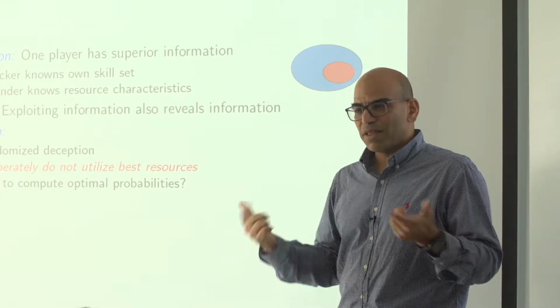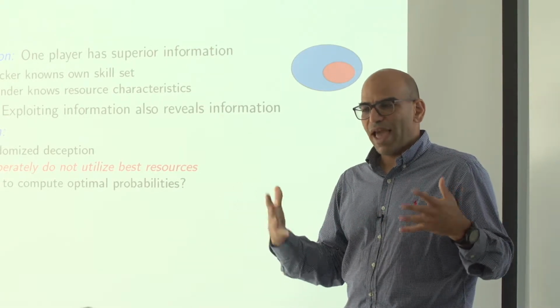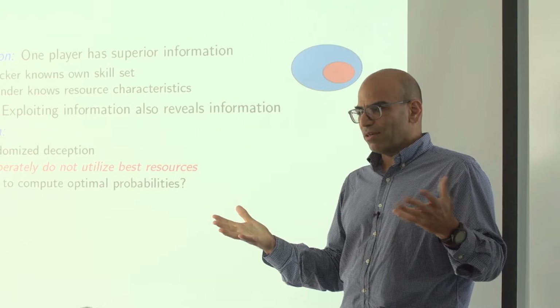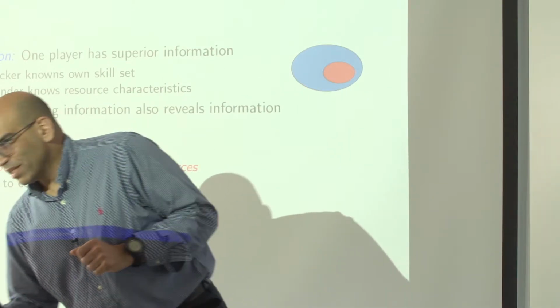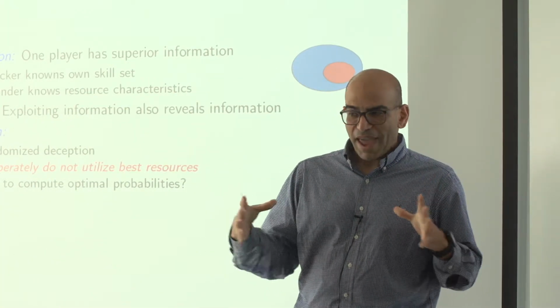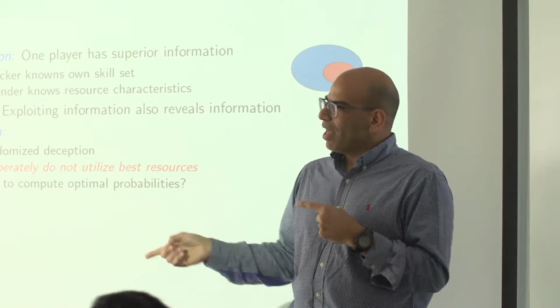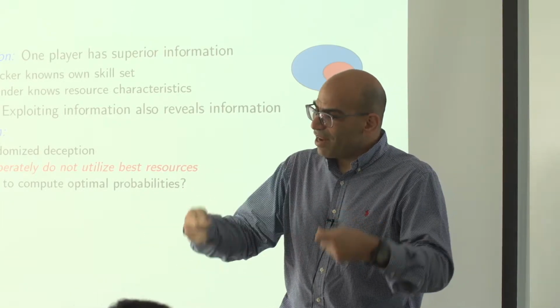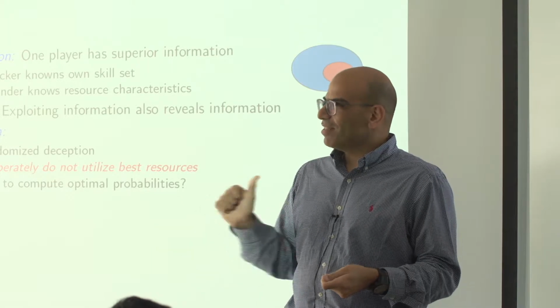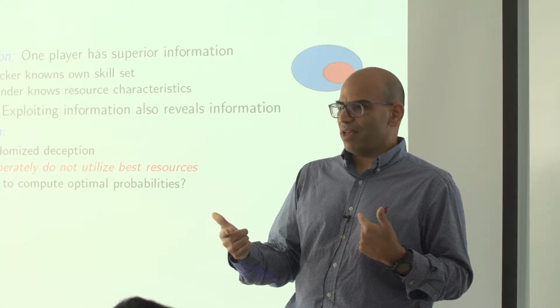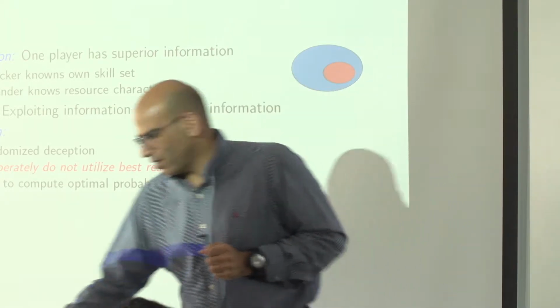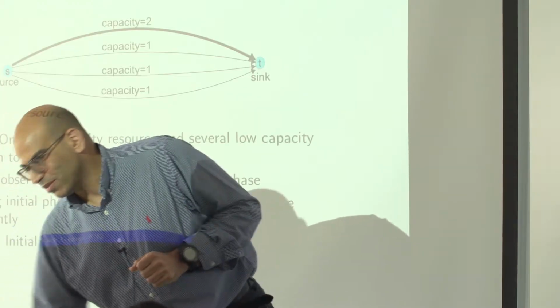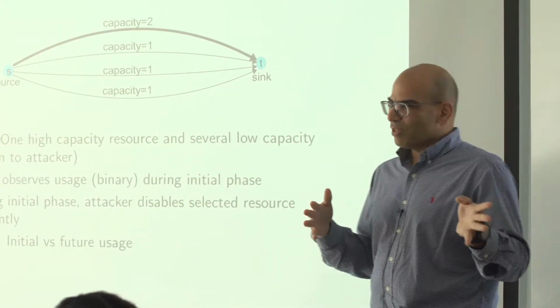There's a user and then there's an attacker. The user, say, has more information than the attacker. And there's a tension that comes up in that if I have superior information, then if I take advantage of my superior information, the attacker can improve their information and learn to attack me. So we call this exploitation versus revelation.